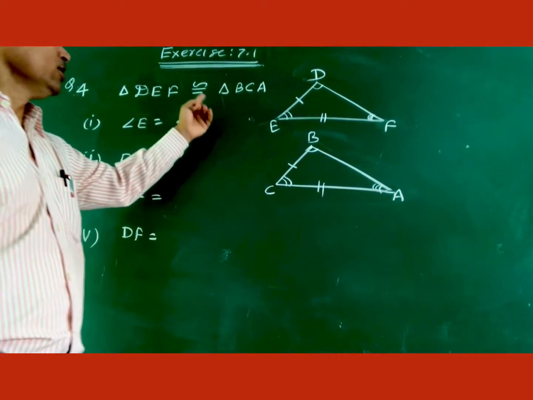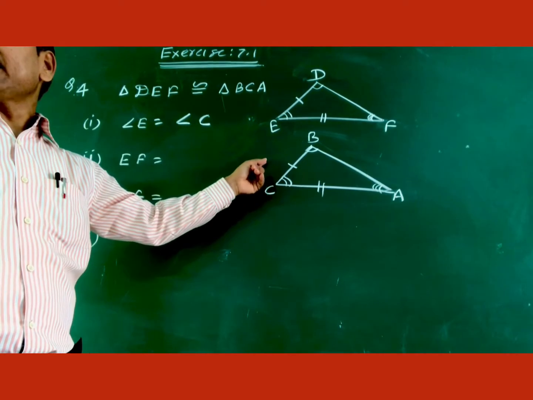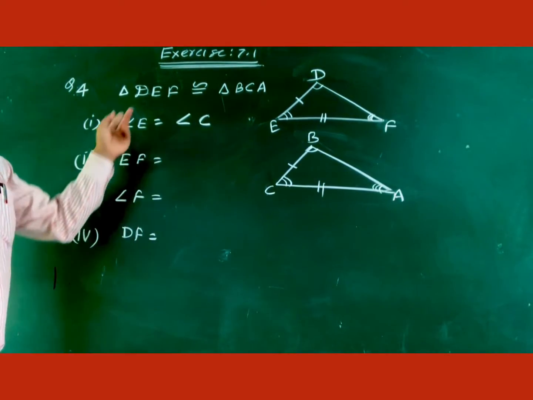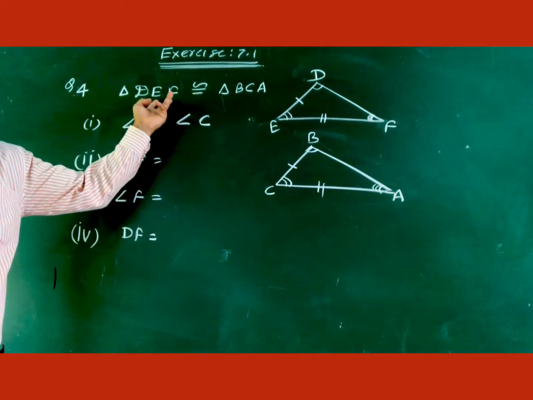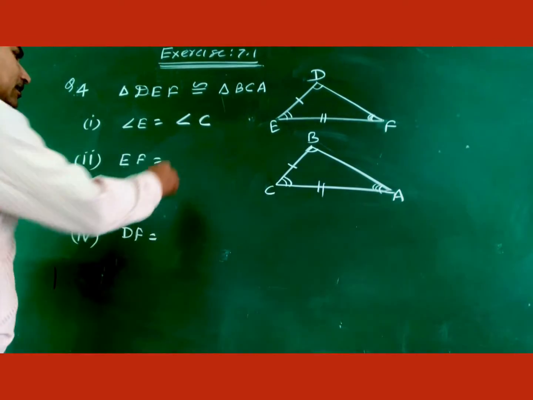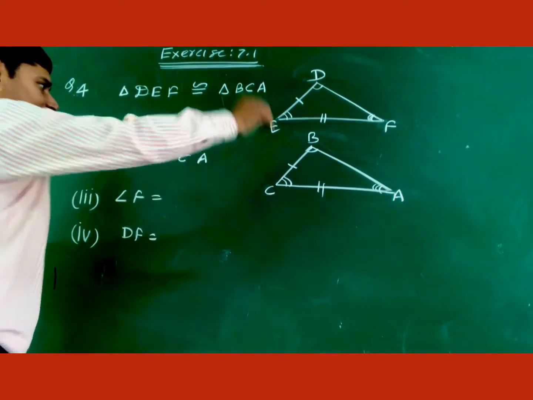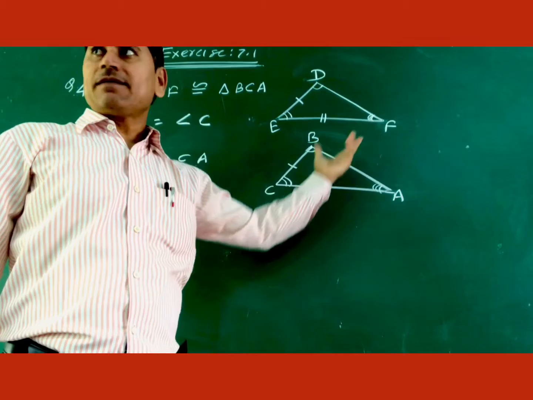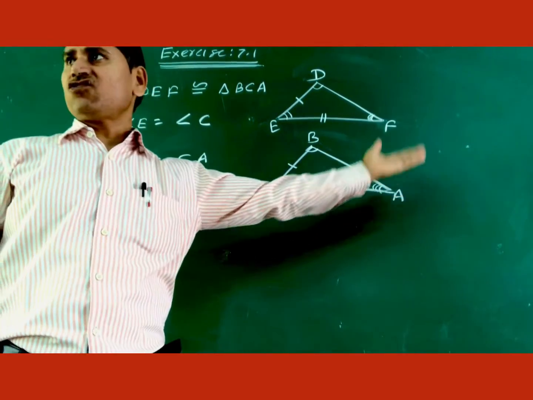In the diagram also, if you look, E is the left vertex and this is also the left vertex. Okay. Now EF is the last two letters. Correct, this is CA. Very nice. You can see it from here too. This is EF, EF means base. The base of the second triangle is CA.